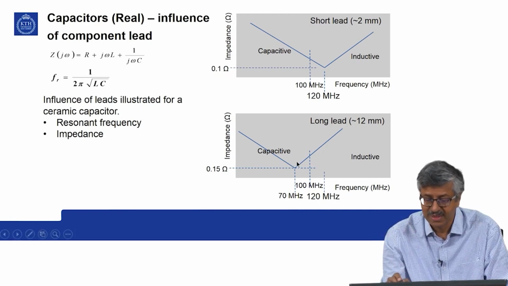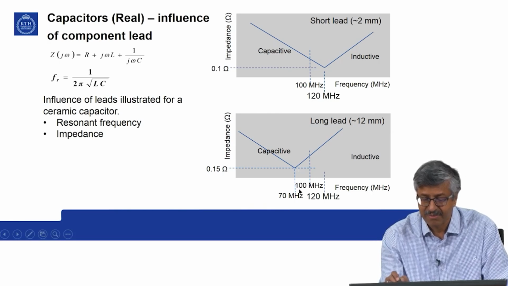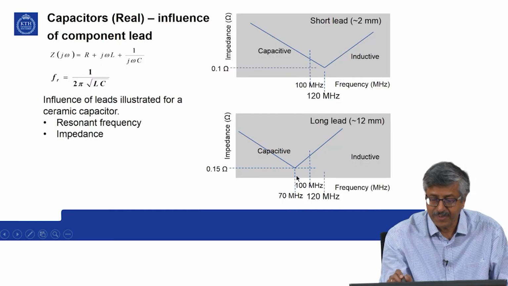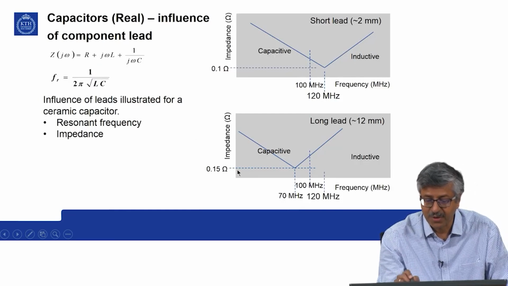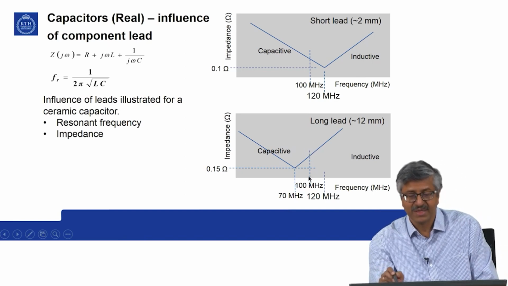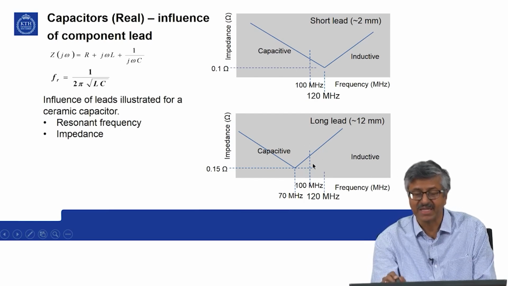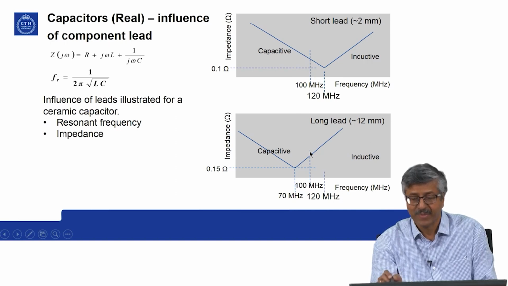So, it is at 70 megahertz and resistance is 0.15. So, if you try to operate it at 100 megahertz, it will not succeed because it is not behaving as a capacitor, it is behaving more like an inductor. So, the circuit will not work properly.